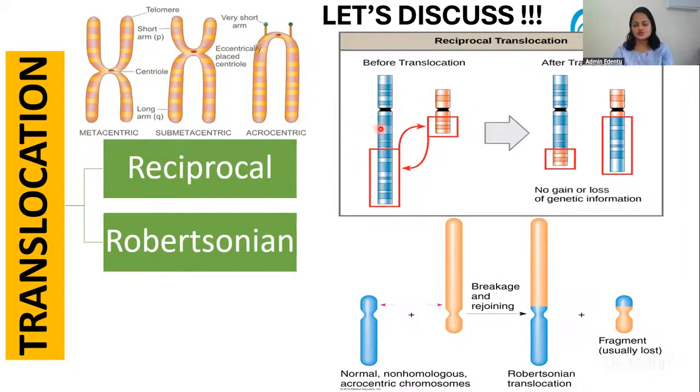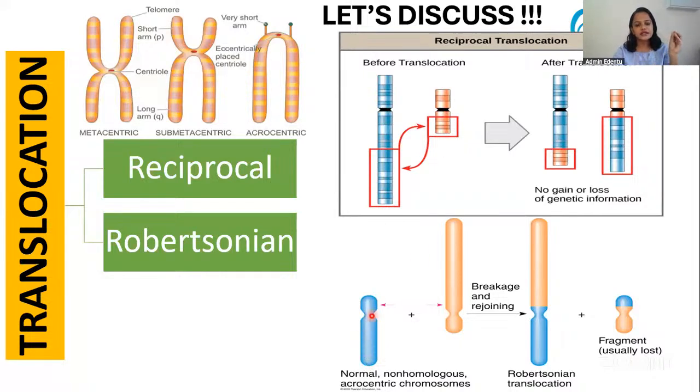These are the two chromosomes, and during cell division, if this portion gets cut, migrates here, and is translocated and fused with the other chromosome, it will create a change like this. In this change, there is no loss of genetic material. No fragment of the chromosome is lost. This kind of translocation is called reciprocal translocation.